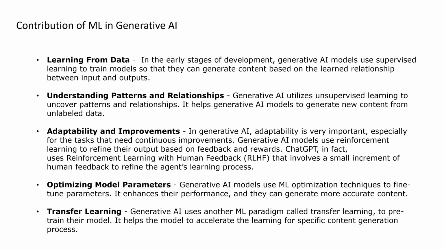Learning to uncover patterns and relationships helps generative AI models generate new content from unlabeled data. In generative AI, we give text, images, audio, and video, and all of that is unlabeled data.